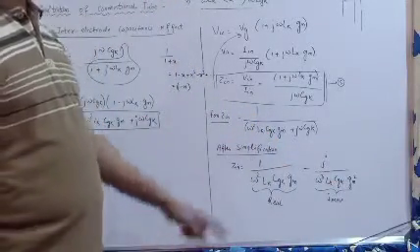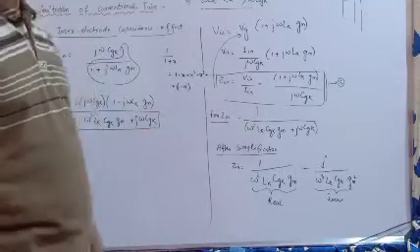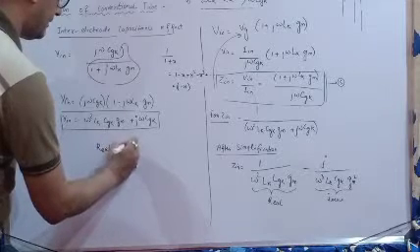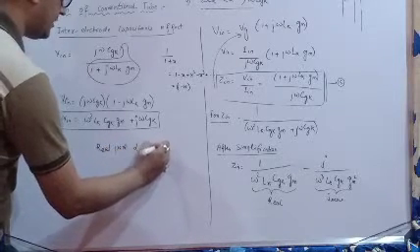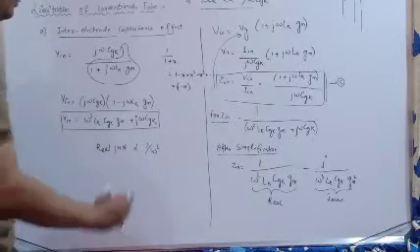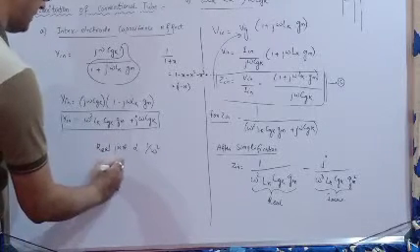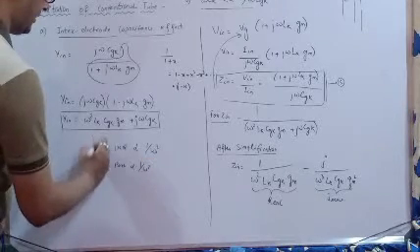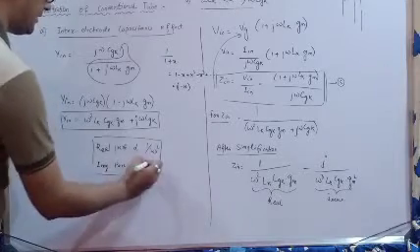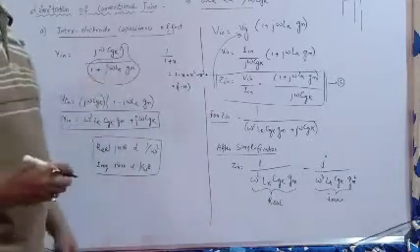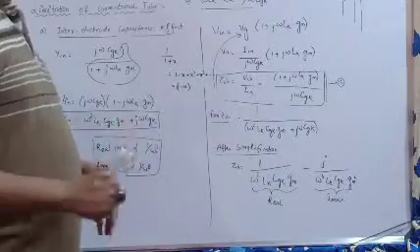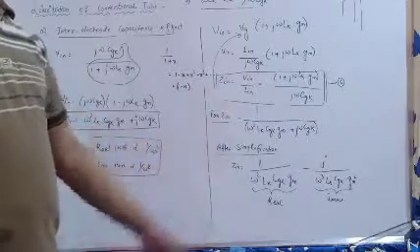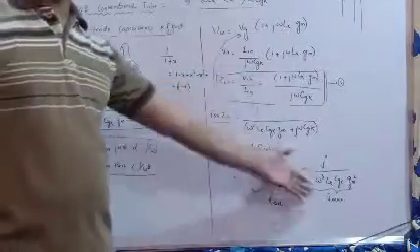Now what does this indicate? This indicates that the real part is inversely proportional to omega square. So here, in conclusion, I will write: the real part of impedance is inversely proportional to omega square and the imaginary part is inversely proportional to omega cube. Now this conclusion indicates that when the frequency is very high, your real part deteriorates, and your imaginary part also deteriorates.